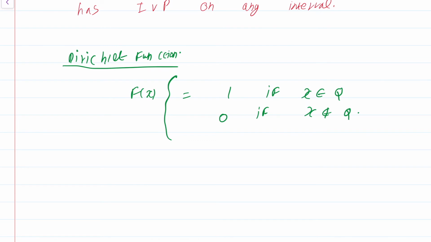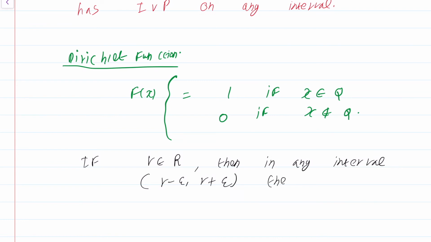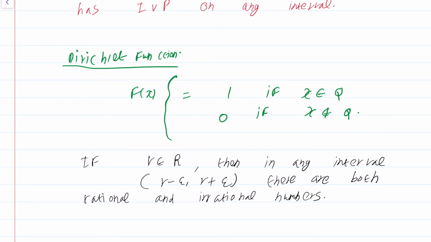Okay. So if r is in R, then in any interval (r minus epsilon, r plus epsilon), there are both rational and irrational numbers. This is something that we proved way back when we studied the basic properties of real numbers.